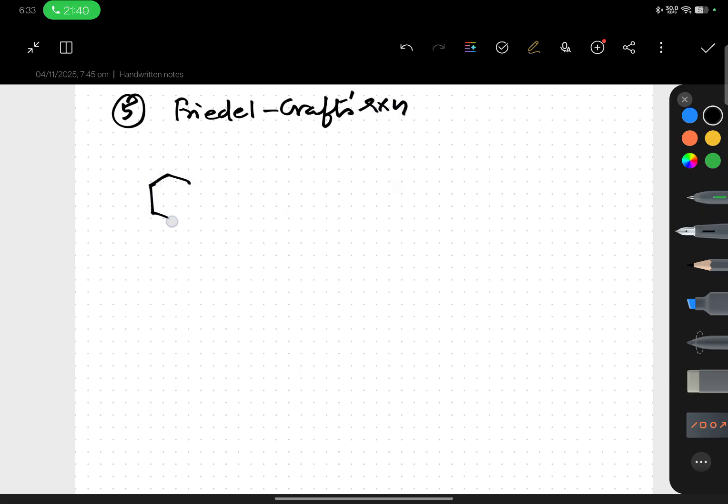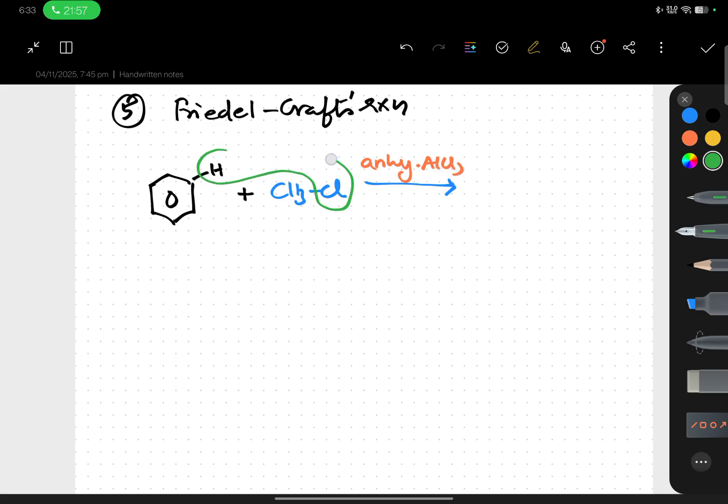So you take the benzene ring and you treat it with CH3Cl in presence of anhydrous AlCl3. So what will happen? This hydrogen will take the Cl and forms HCl.